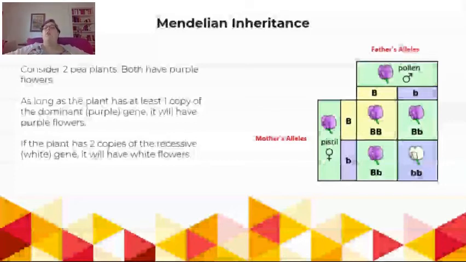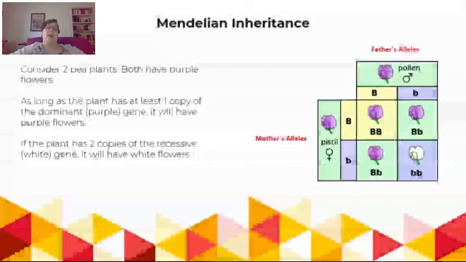So that he knew that their traits were pure. That you had a purple colored plant that would only make purple offspring, a white plant that would only make white offspring. And then he would crossbreed those plants and see what he got. And then he would crossbreed the next generation and see what they got. And what he worked out was something like this.